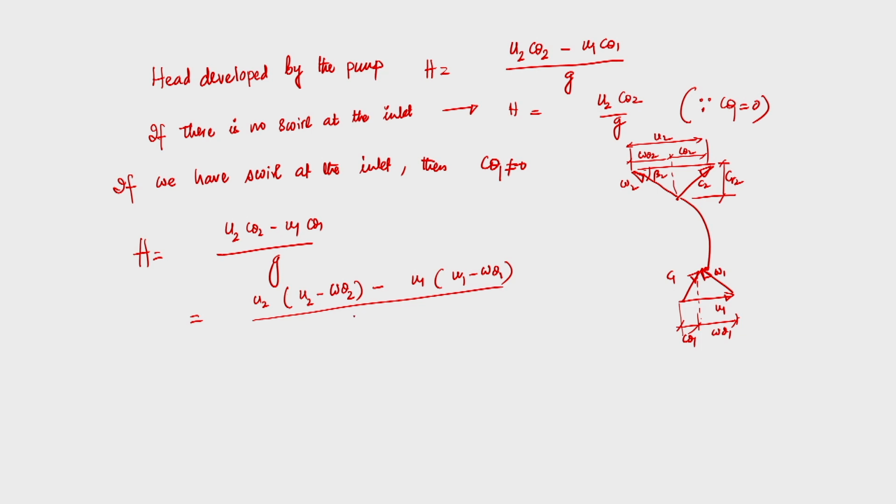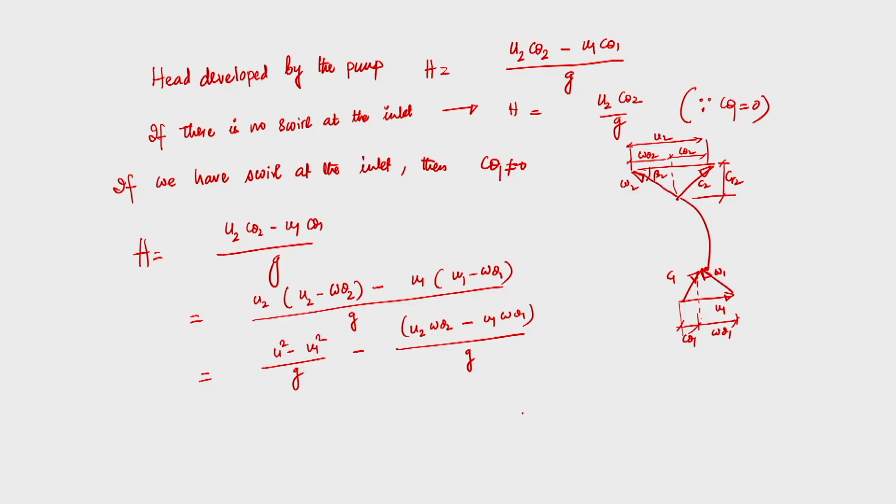So, if I further simplify, then I may get (U2 square minus U1 square) divided by g minus (U2 W theta 2 minus U1 W theta 1) divided by g.